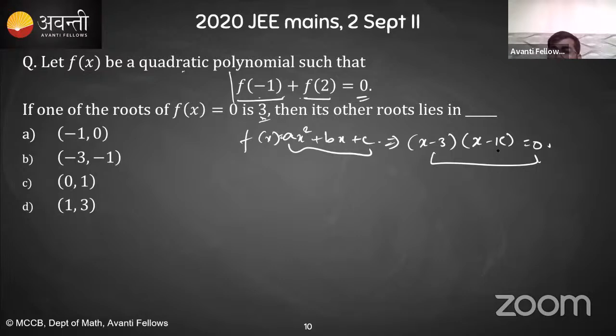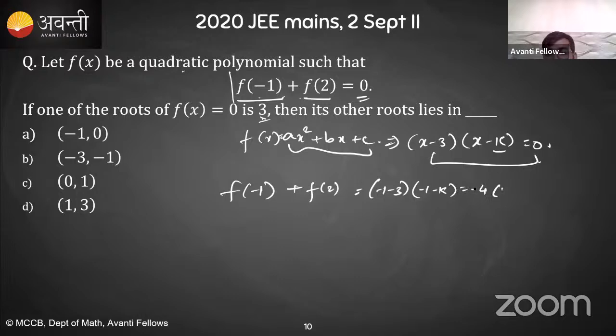So from this we can find out the value of k. First, f of minus 1 will become, I'll substitute x as minus 1, minus 1 minus 3, and here it will be minus 1 minus k. So this will become minus 4 times minus 1 minus k. This will be 4 times k plus 1.